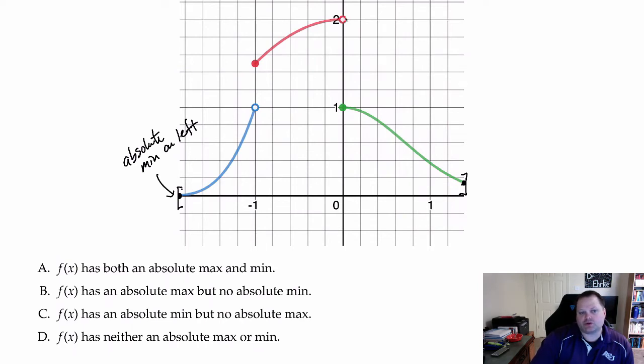However, there's an open circle here. The closed circle here is also incredibly important for the same reason. If I had said these were not closed intervals, then this function would have neither, because it turns out it doesn't have an absolute max. Think about it this way. If you're telling me the function has an absolute maximum at 2, 2 must be a y value on the graph, and it's not. Well, then you say, surely it has a max.